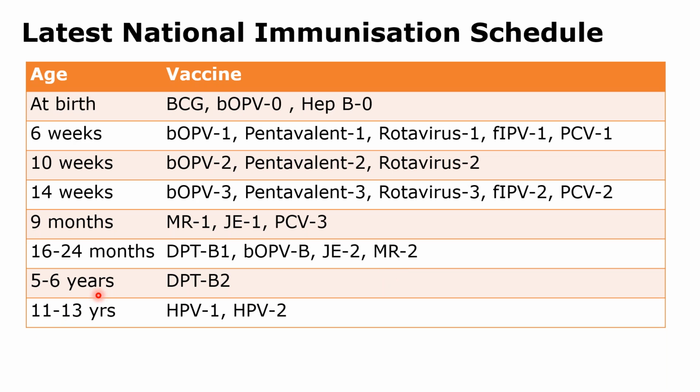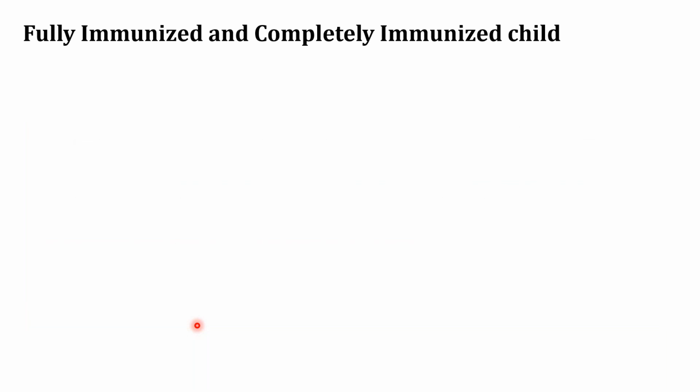At 5 to 6 years, again, another dose of DPT booster. So previously it was a tetanus toxoid here, but now we give DPT. And at around 10 years also, another dose of DT is usually recommended. Now, this HPV vaccine is still not a part of the national immunization schedule, right? But it is envisaged to be included.